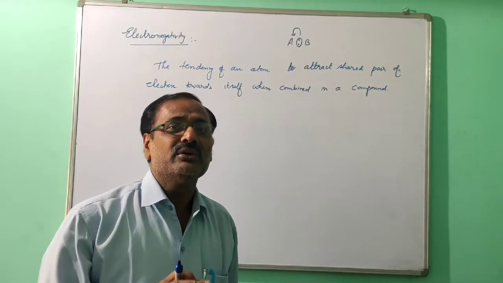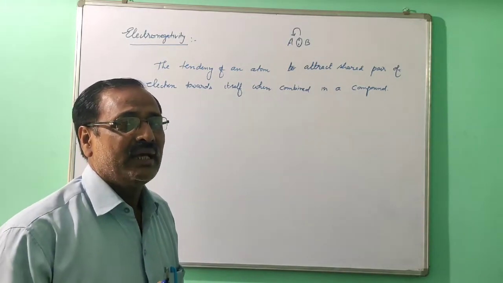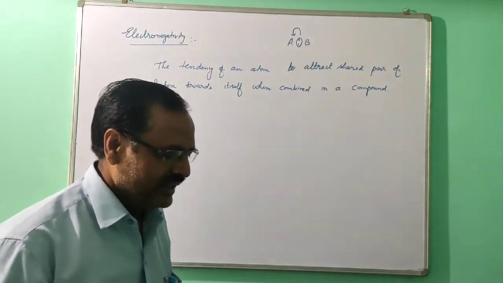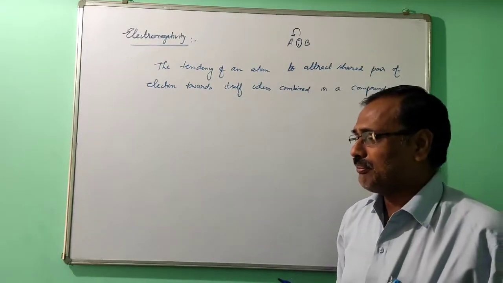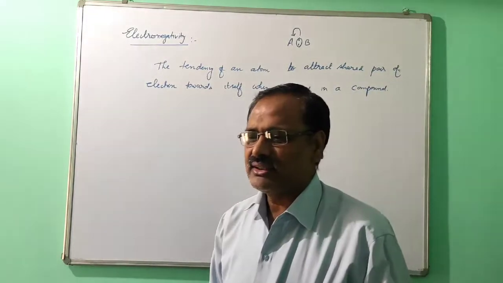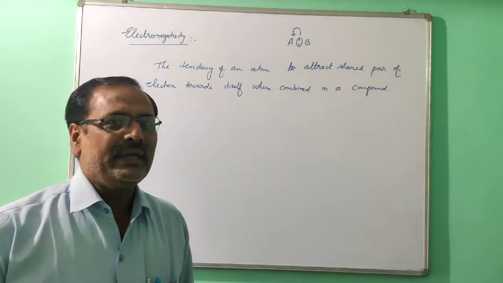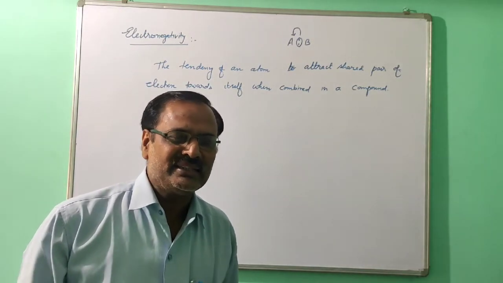I want to tell you that electronegativity is for an atom in a bonding condition, and the rest of the properties you have seen were given for an isolated atom. And the second important point: if I ask you the unit of radius, you will say angstrom, picometer, nanometer, any small unit.